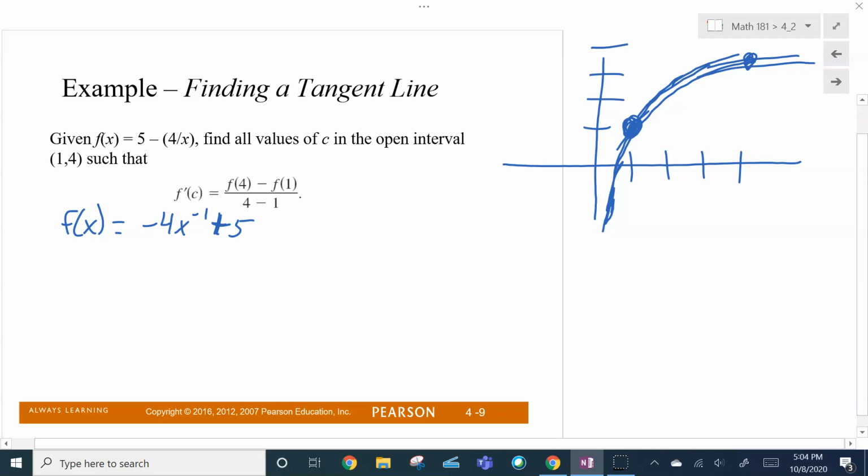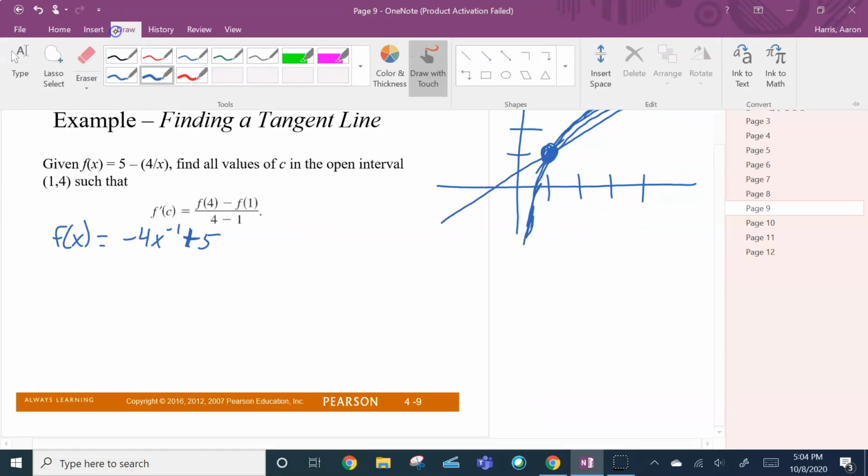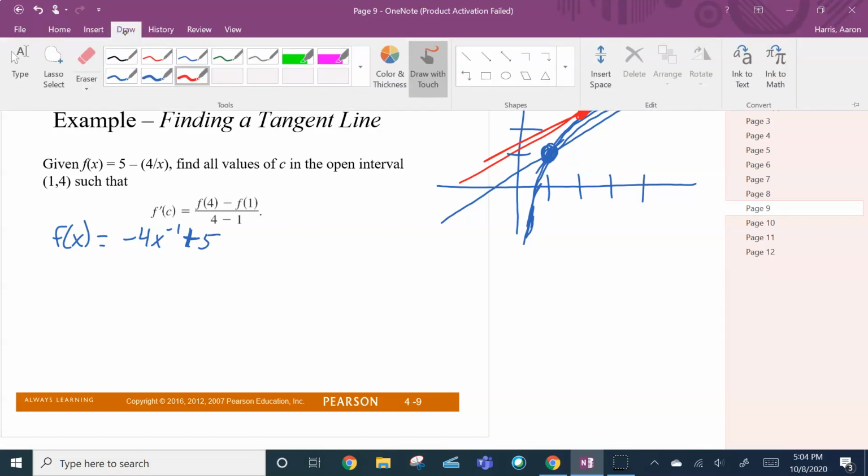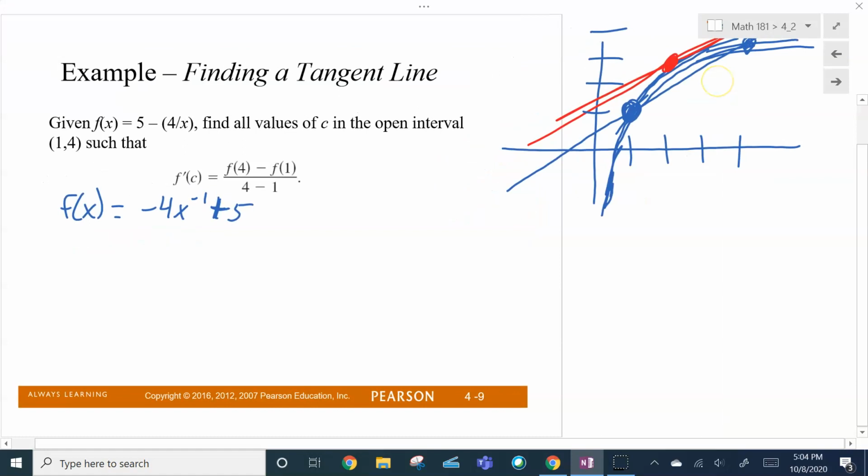Anyways, we're trying to find the c such that, where's the c at? Like where's the c such that the slope of the tangent is equal to the slope of the secant line, right? That's what we're trying to do. What c value is that? You notice we even have this written out.